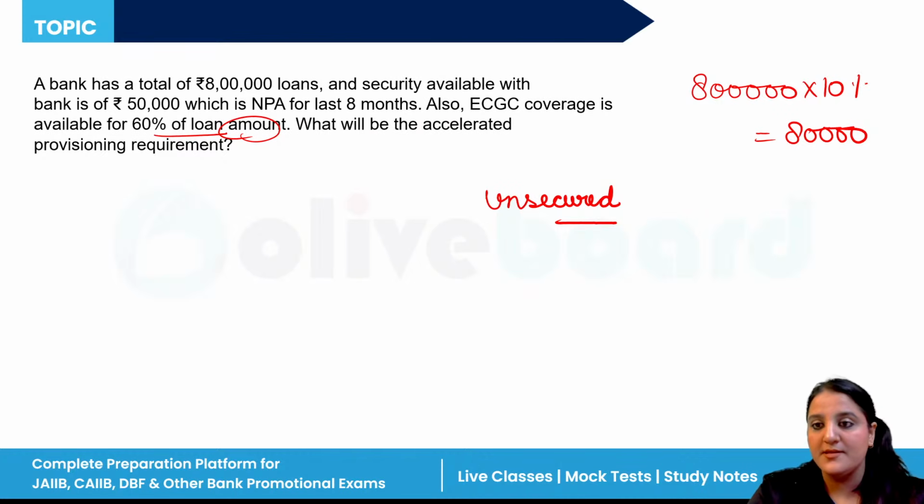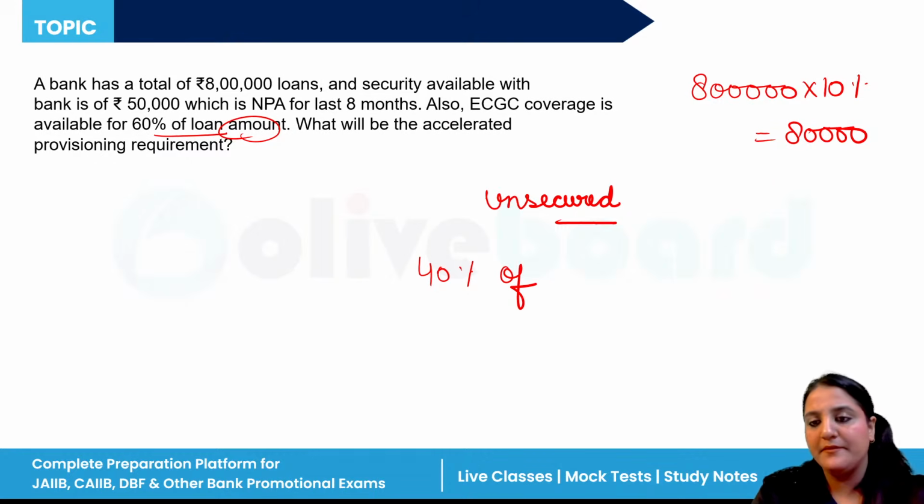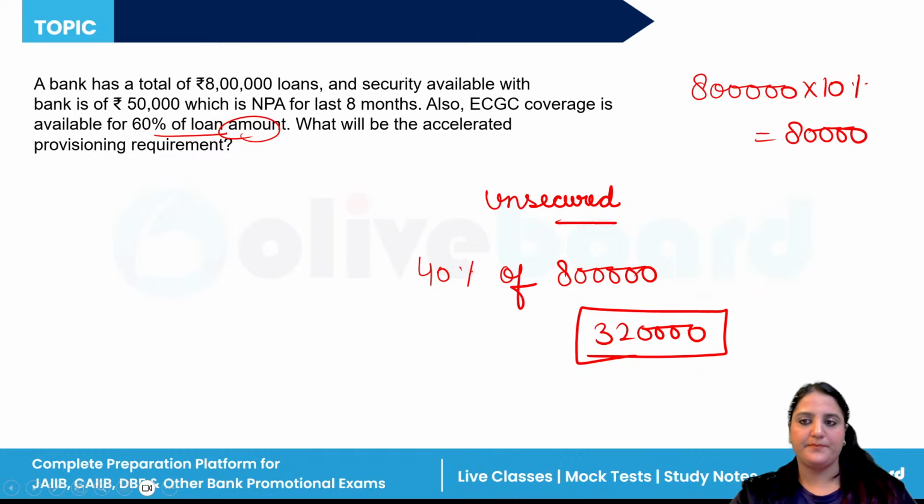If available security is up to 10% of the loan, it is called an unsecured substandard loan. If more than 10%, it is secured substandard. For a substandard loan between 6 months to 1 year, the provisioning percentage is 40%. And 40% of 8 lakh is 3,20,000. This is the answer.